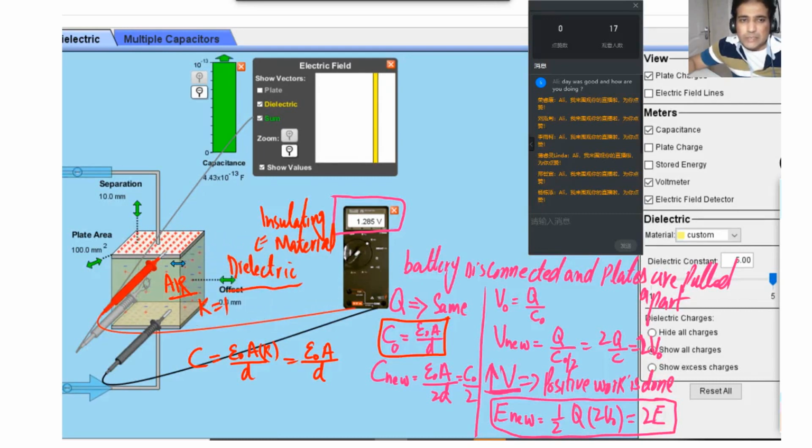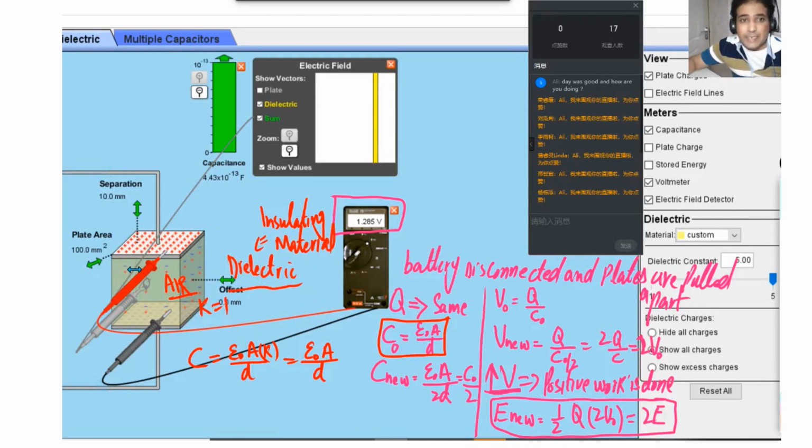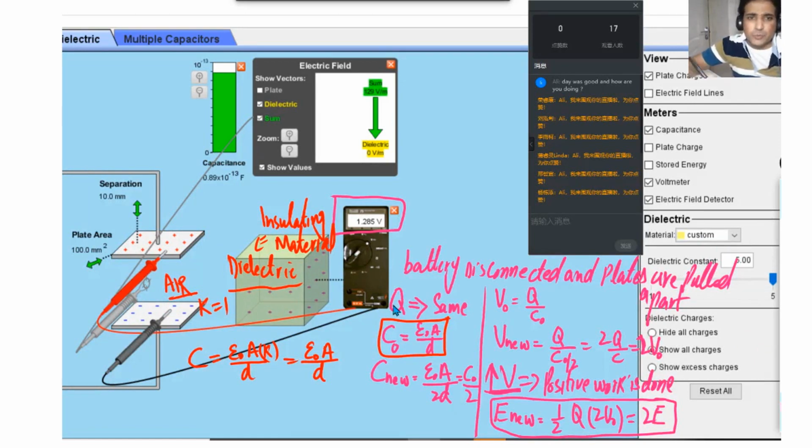If I move it inside, the ability of this capacitor to store charge, or we simply say energy storing ability, has been increased by inserting this dielectric. It should be very clear to you.